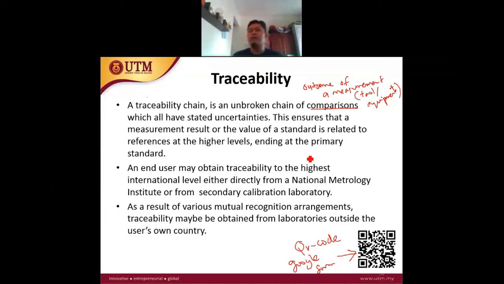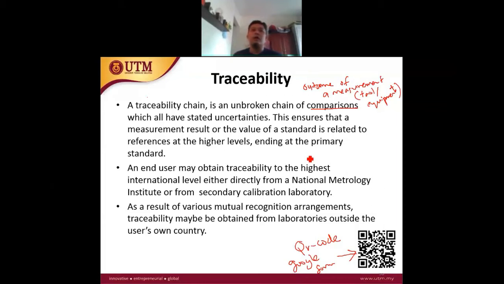Of course, at the consumer level, we don't have the authority to request access to the highest level. Only the national lab can make arrangements to compare their equipment to the highest level.